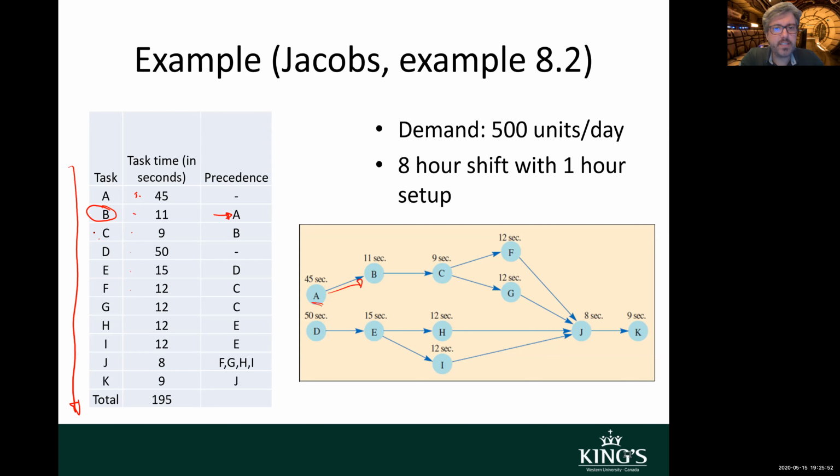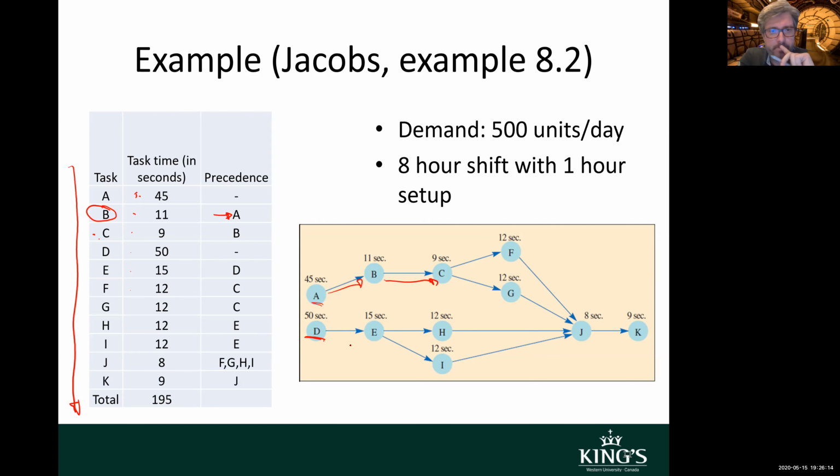Then you have task C, that's 9 seconds, and you need B to be done. So B now goes into task C. Those are the 9 seconds that you need. Task D has no precedence, so you start a new flow. So this is something new that we haven't done yet in our module, in our course.